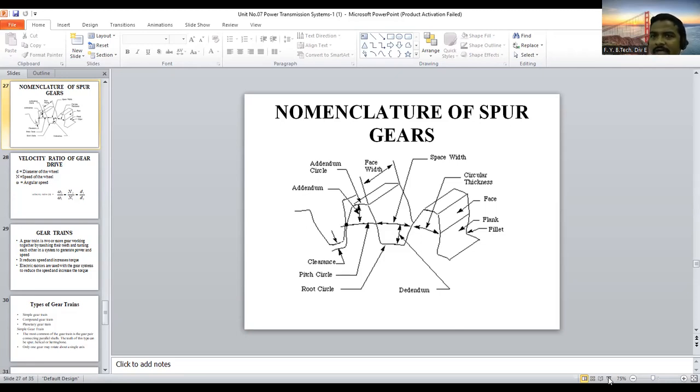Okay, then this is a clearance. Why is this clearance provided? Because there should be smooth meshing of the gears. There are two terms, backlash and clearance. They are required for proper meshing of the gears and transmitting power smoothly without any noisy operation.